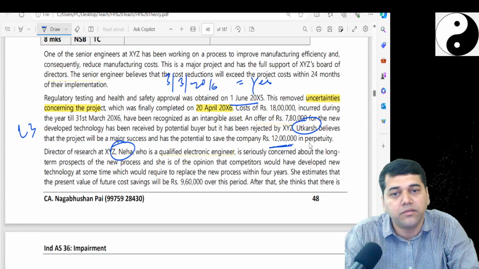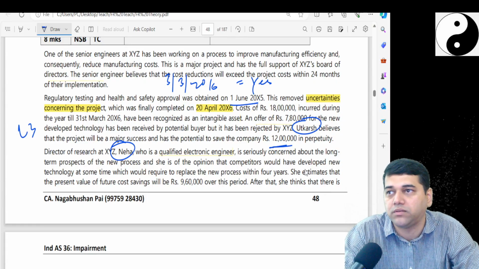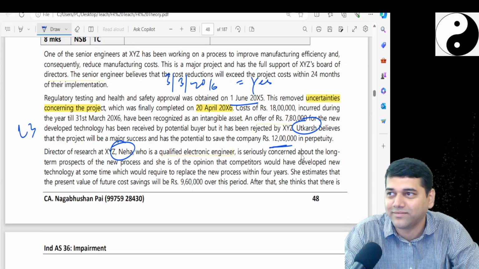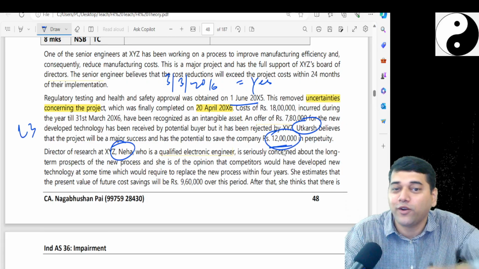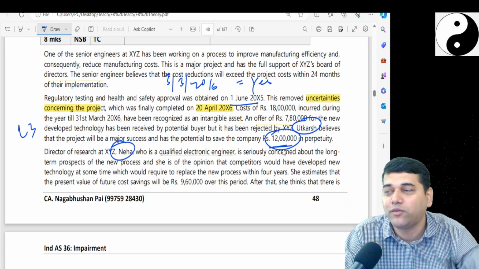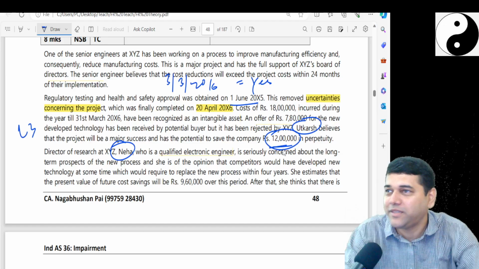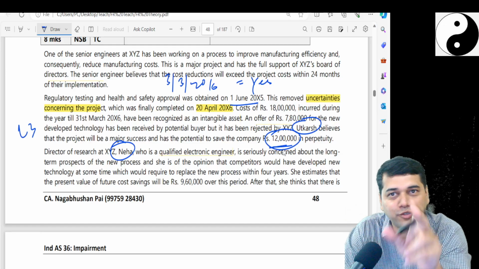Utkarsh says this value in use is perpetual. Follow? And what is the present value of this perpetual? This is 12 lakhs every year I am going to get. What is the present value of this 12 lakhs? See, when we talk about value in use, are we not supposed to find out the present value?